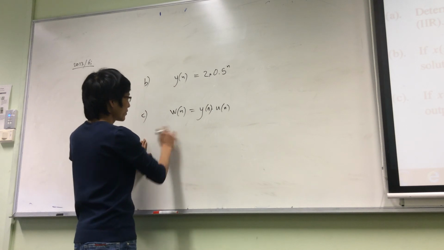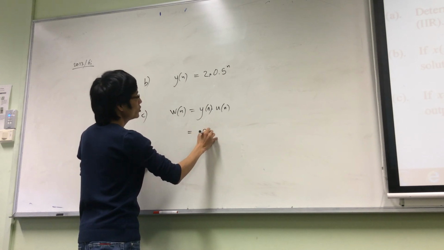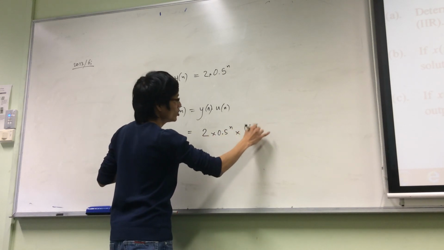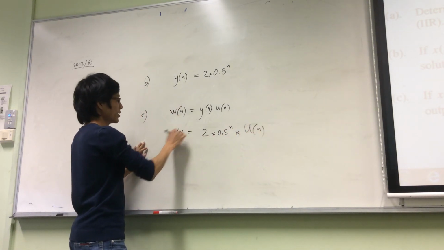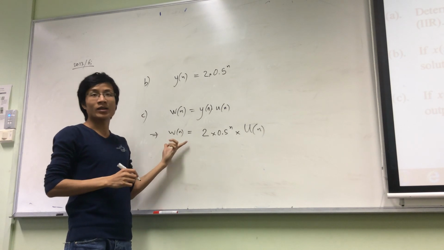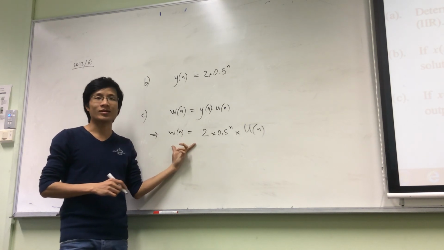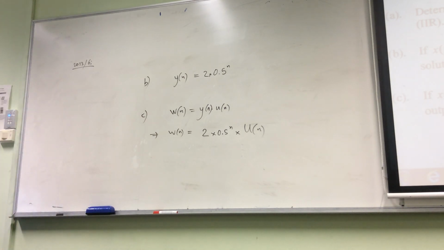So we have wn equal to 2 multiplied by 0.5 power n multiplied by un. And it asks you to find the z transform of this one. How to find the z transform of this one? That's from the formula sheet. Yeah, exactly, from the sheet. Same question, just part C. So which one is that?